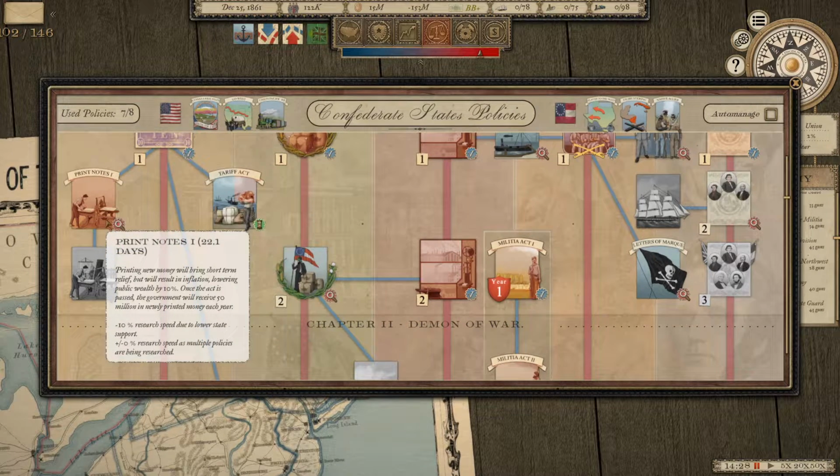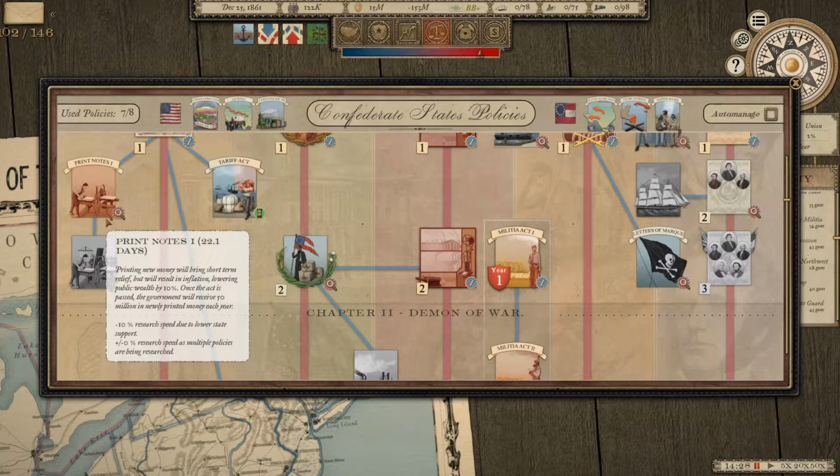I hesitate about these print notes. These seem like pretty big hits when you think about it. So the hit is that it decreases public wealth, I believe, one time by 10%.